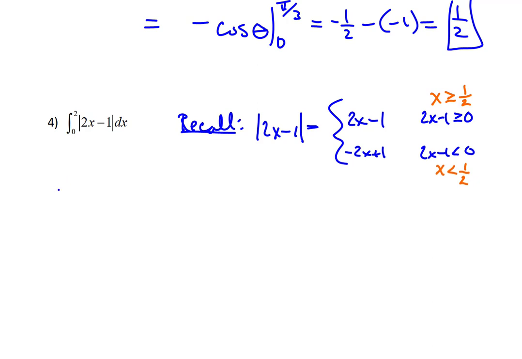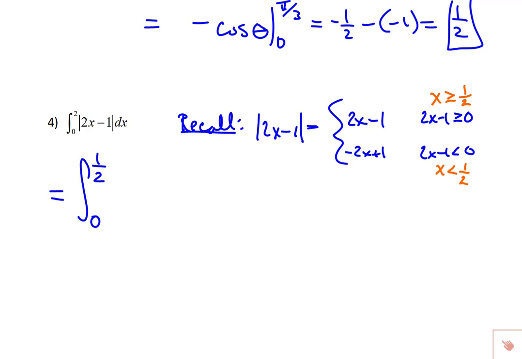Notice that we're trying to evaluate this integral ultimately from 0 to 2 as given, but the boundary of the piecewise definition has this important value of 1/2, where the function looks different depending on which side of 1/2 you're on. So we're going to have to split up this original integral into a couple pieces. First, we'll go from 0 to 1/2, since that's the first segment, considering the boundary of the piecewise.